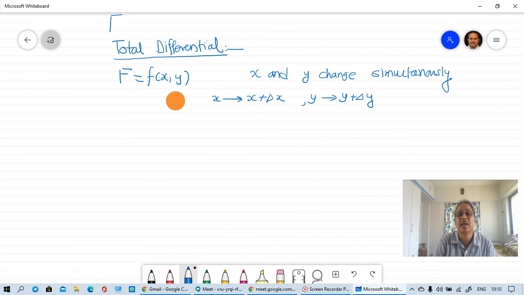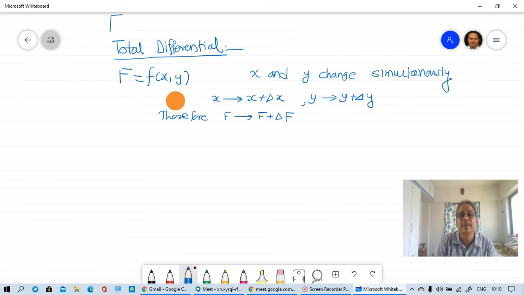If you want you can write this, because without writing we won't understand this type of mathematical differential equations. Because both of these are changing, this capital F changes to f plus delta f.